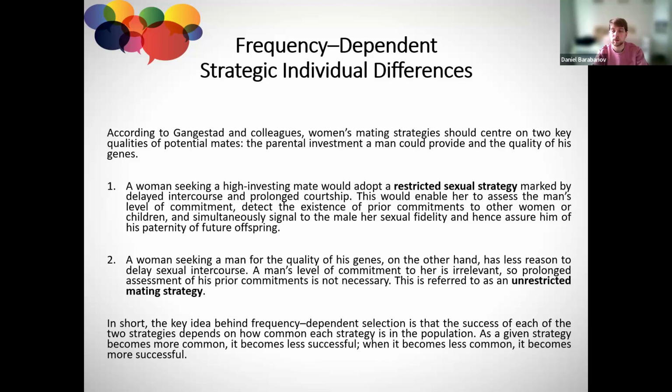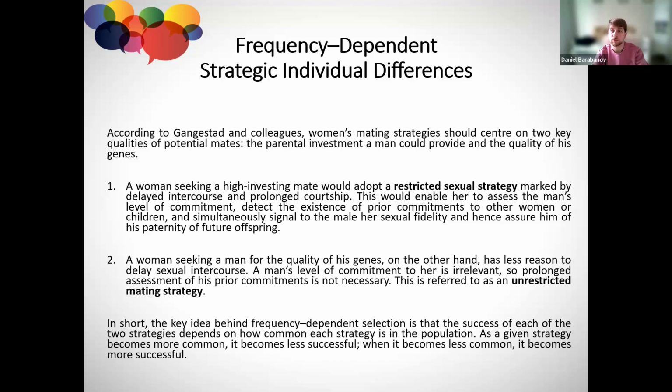So they would like to see a prolonged courtship to see that the man is really committed and strong-willed, and only after that they come to sexual relationships, because they want to find a mate who is more committed and more invested in raising children.